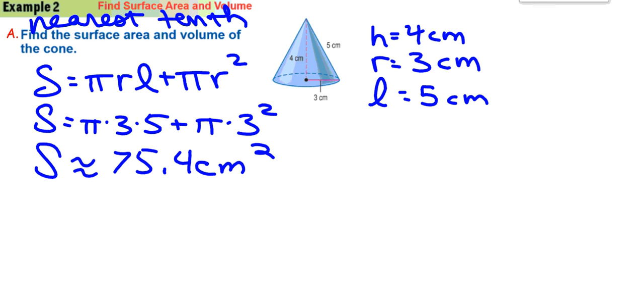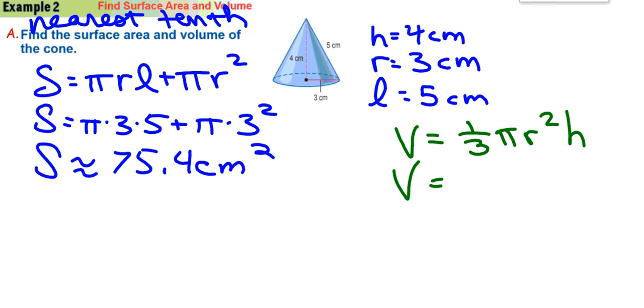I now need the formula for volume of a cone. Yeah, 1/3 pi r squared times height. And then go ahead and put those in for me. So tell me the numbers.